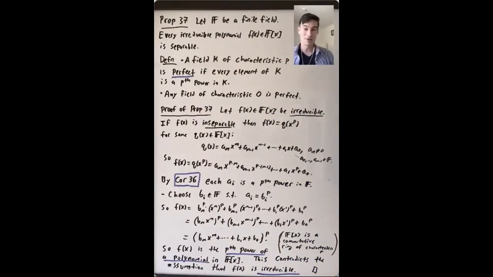Okay, so I'm going to pause and erase. We've already seen that Proposition 37 implies that every finite extension of a finite field is separable.